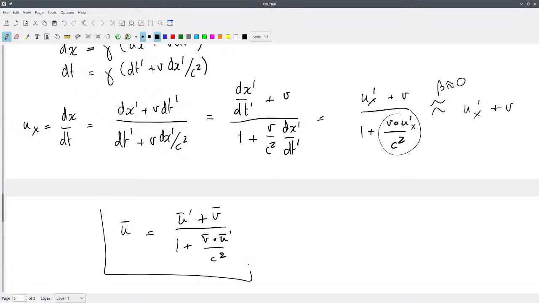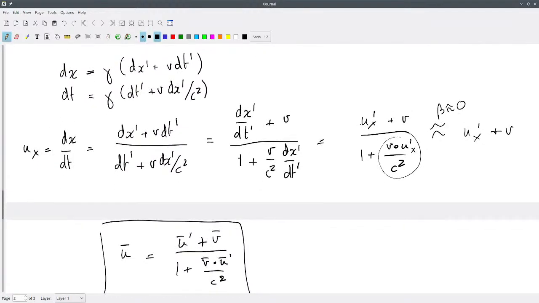And so this is the relativistic transformation of velocities that derives from the Lorentz transformation itself.